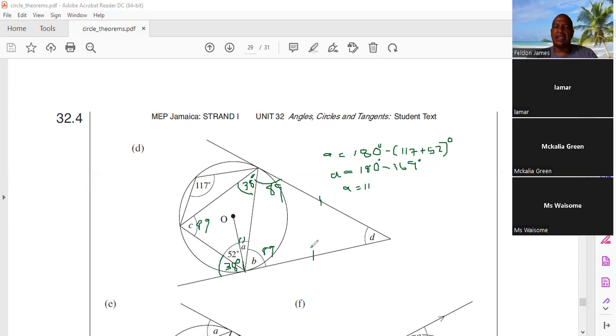If you add these two and take it away from 180, you'll get D. So D is equal to 180 minus 2 times 89. What do you get D to be?